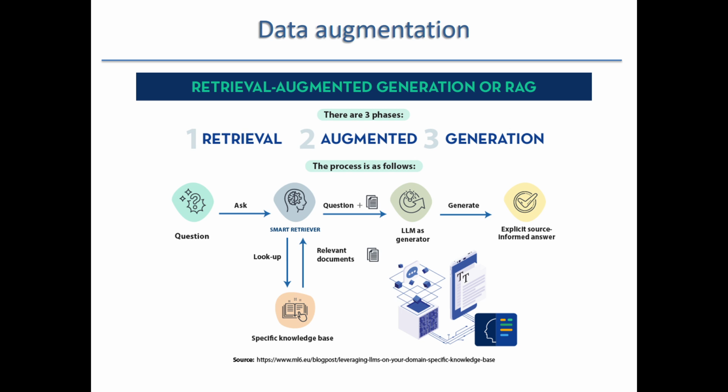Let's say that you ask a question about a specific protein to an LLM, a language model, and then instead of just letting it answer, you look for relevant information about that protein, and then you retrieve the important statements or the relevant documents, and you accompany your question with the documents that you have retrieved.